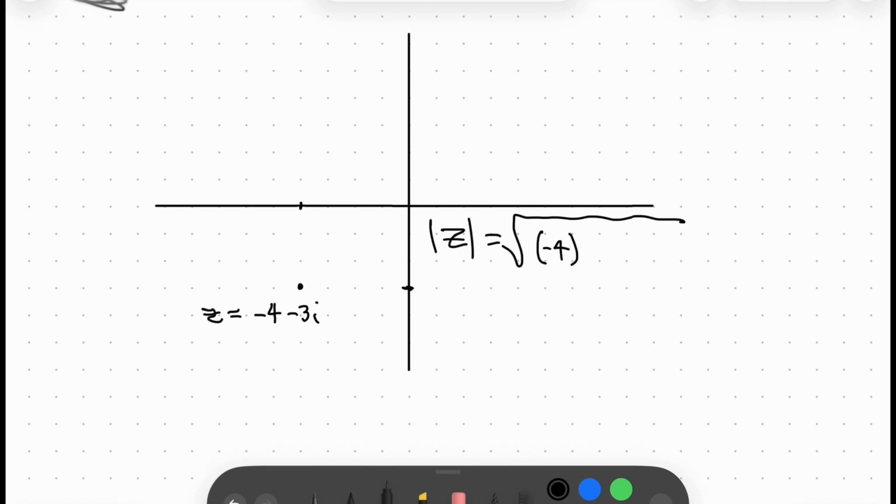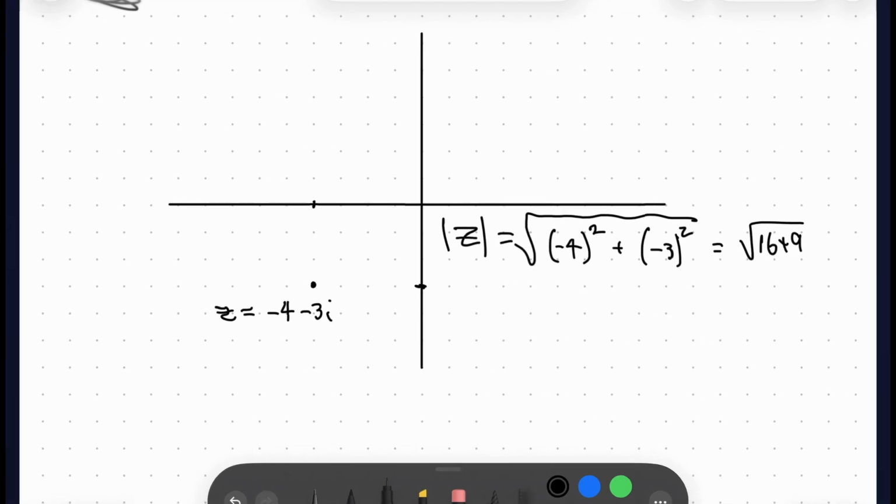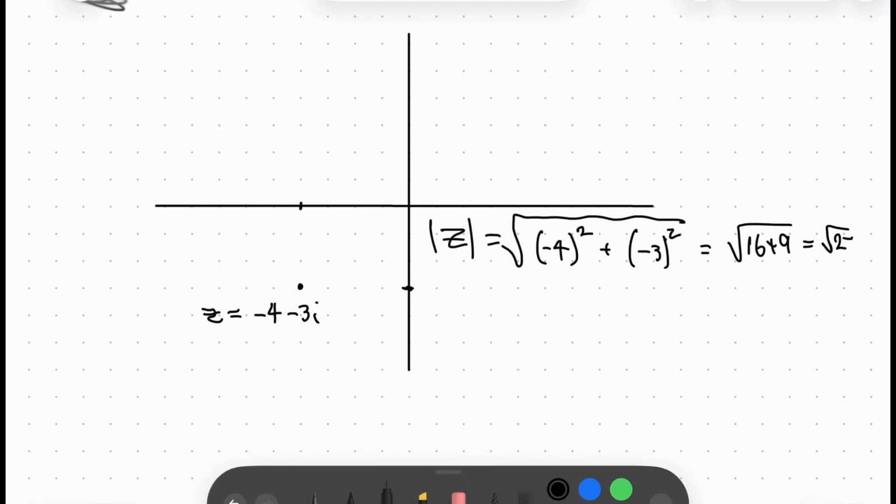But we can just put in negative 4 squared plus negative 3 squared. It's important to use brackets when doing this, otherwise your calculator can get confused. So that will just be the square root of 16 plus 9, equals the square root of 25, equals 5. And for the modulus, we always take the positive side, because you can't have a negative modulus.